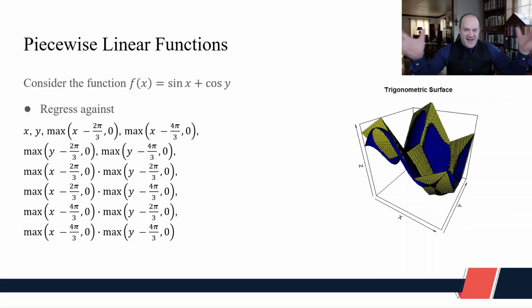So graphically, this is a graphical argument. Obviously, it's not a full mathematical argument, but it's a graphical argument that piecewise linear functions can, in fact, approximate any continuous function to any degree of accuracy you like. So this is what's going on geometrically as you regress against more and more terms that look like this.